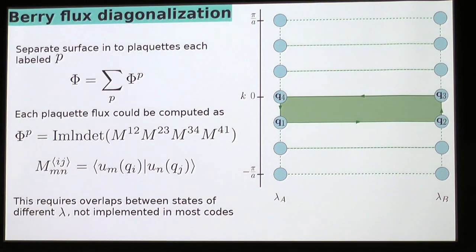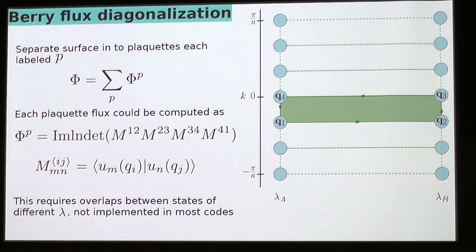So let me make that a little more precise. We can separate the surface into a number of plaquettes. I'm going to label each one P. So the total Berry flux that we were interested in computing will be the sum of the fluxes from all of these little plaquettes. And we can get the flux through the plaquette using the same sort of Stokes theorem argument where we go with this sort of discrete Berry potential around the edge.